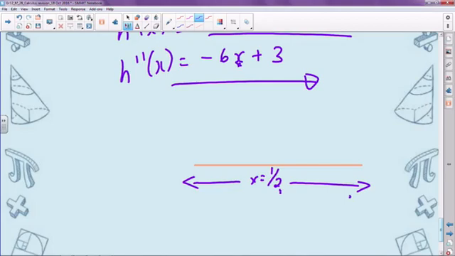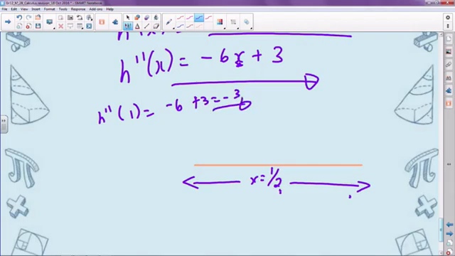You can take any value, it will work for any one of them. So I'm going to find the second derivative when x is equal to 1. I'm replacing x with 1, and I'll get negative 6 times 1, which gives me negative 6 plus 3. So that gives me a negative answer.